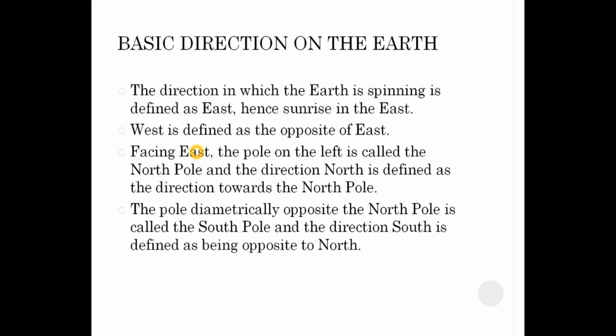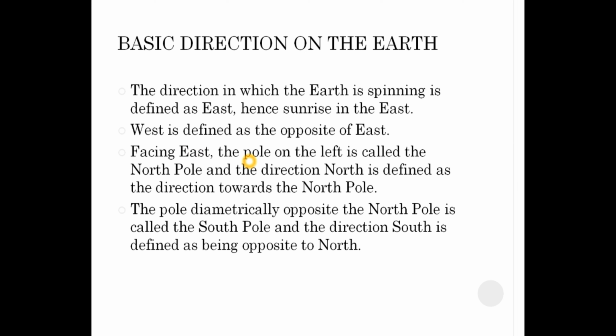Now the basic directions on the earth. The direction in which the earth is spinning is defined as east, hence the sunrise in the east. So the earth is rotating in the east direction. West is defined as the opposite of east.